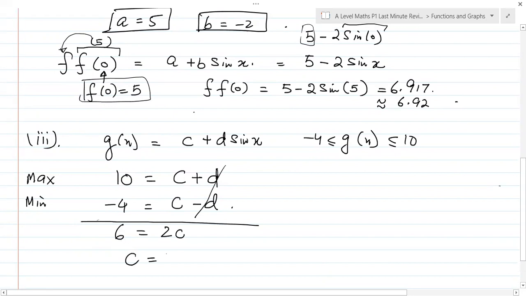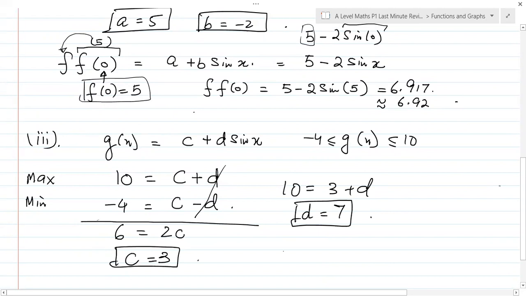So c is equal to 6 over 2, so that's 3. Once you get c as 3, you have 10 is equal to 3 plus d, and you can work out the value of d as 7. So you get c as 3 and d as 7.